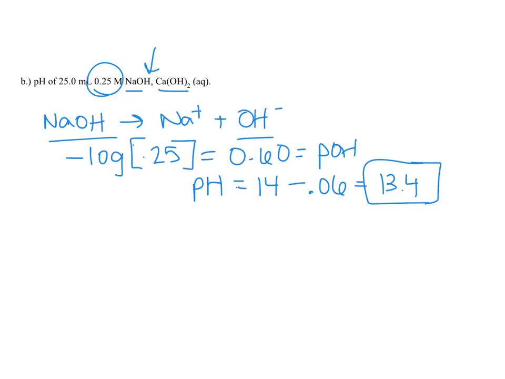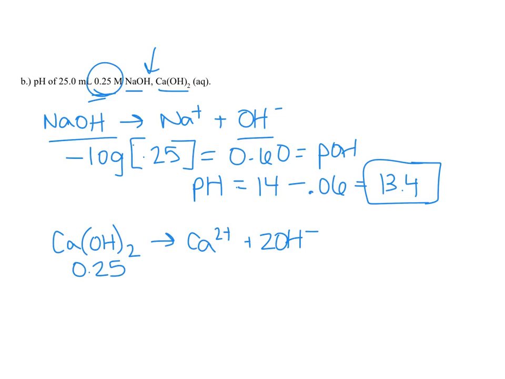So that was for sodium hydroxide. Let's take a look at calcium hydroxide. When calcium hydroxide ionizes, I get 1 calcium, but I get 2 hydroxides this time. So if you get more than 1 hydrogen or hydroxide, you do have to pay attention to that. We're going to deal with the same concentration here. If this is 0.25, then because the mole ratio is 1 to 1 for calcium, this also has a concentration of 0.25, but my hydroxide has a concentration that is double that.